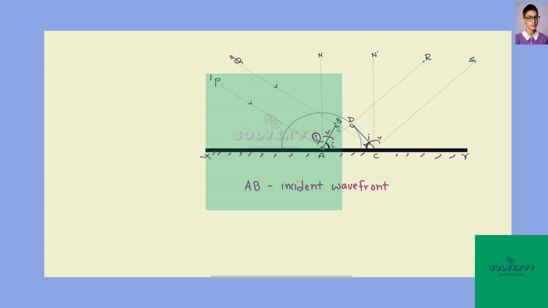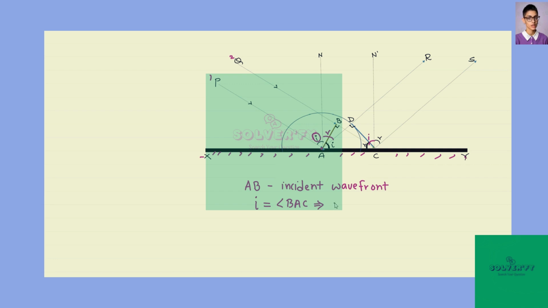From this particular figure, I can show that this incident wavefront gets incident obliquely on this reflecting surface XY, and this incident wavefront makes an angle I, which is equal to angle BAC, the same as the angle of incidence I.